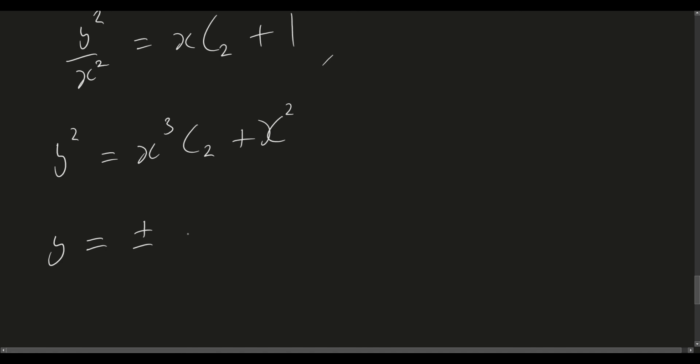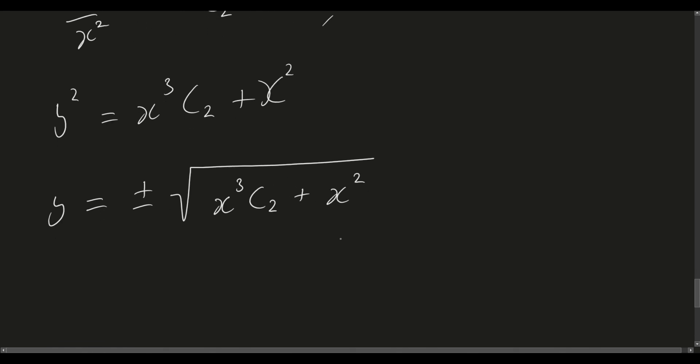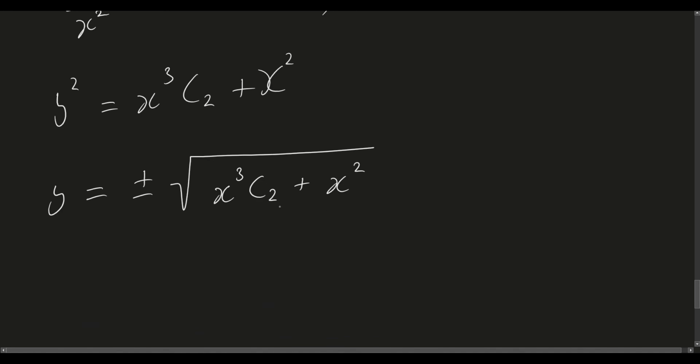So we can say that y is equal to plus or minus the square root of x cubed c2 plus x squared. And you can also take out that factor of x squared and chuck that out the front. So all you're left with then is plus or minus x times the square root of x c2 plus 1.